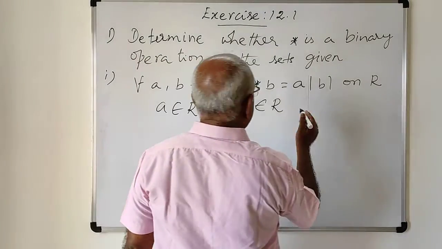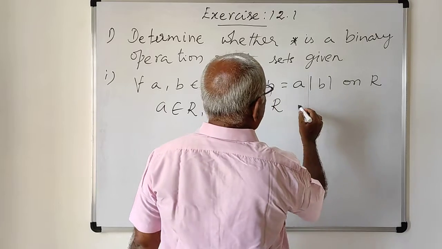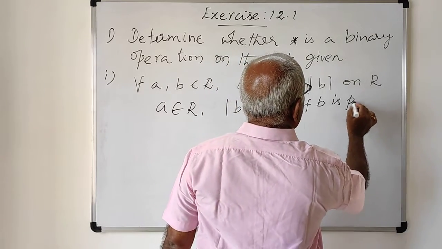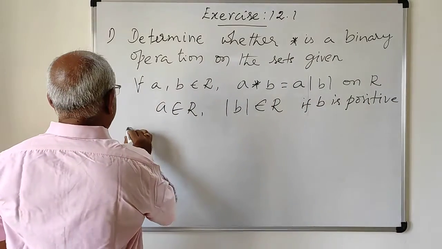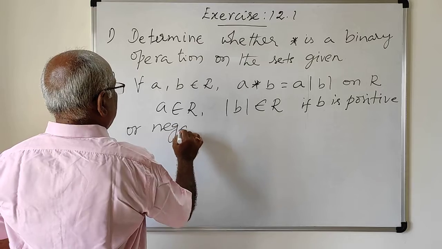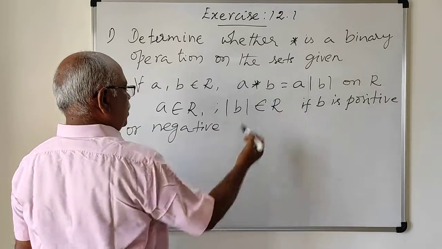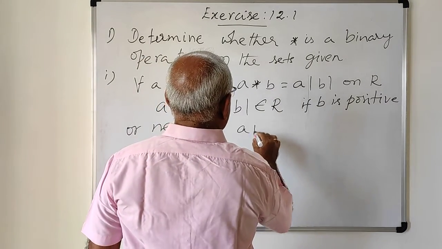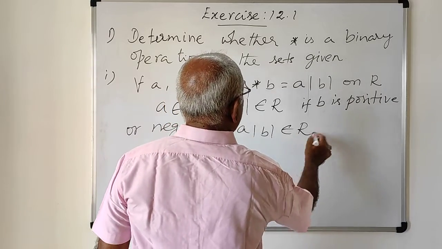Mod B also belongs to R. Therefore, the product A into mod B also belongs to R.